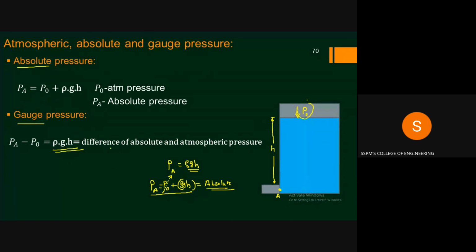So gauge pressure is the difference of absolute and the atmospheric pressure. Absolute pressure is the total pressure, that is P naught plus rho gh. Okay, so you should remember these two equations: one for the absolute pressure, which is the total pressure, and the gauge pressure without considering the atmospheric pressure, which is absolute pressure minus atmospheric pressure.